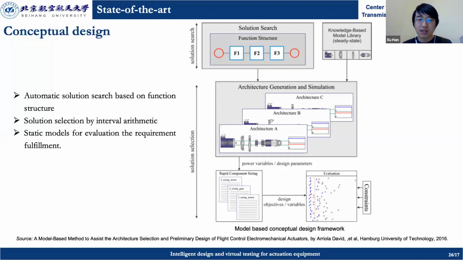Because in this stage, there is not so detailed information, we can't define an exact parameter of the actuator. We can only design an interval. And the models are also static models, not dynamic models. But with this simple method, we can finally achieve a small amount of architectures which have better performance than other solutions and be transferred to the next design stage, preliminary design. Next slide, please.